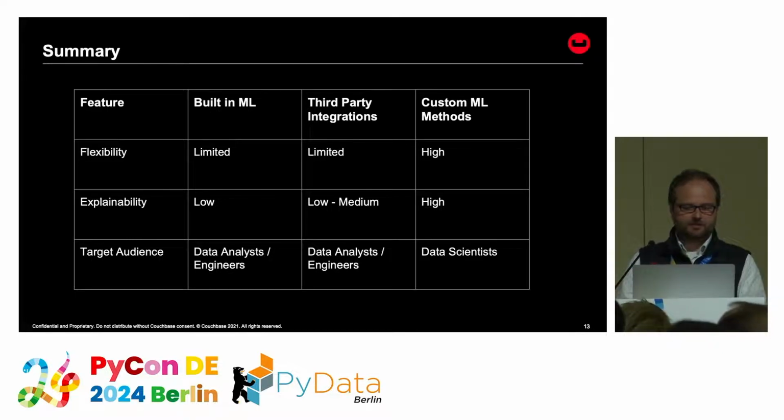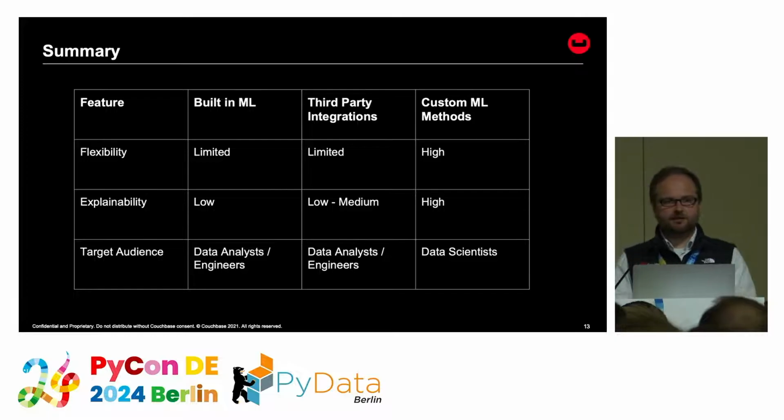Third-party integrations, there you have a bit more flexibility of the different models because it's different databases. So depending on what you choose, also low to medium. The highest explainability is on custom ML methods because there you are the one to do it, right? So you can make meaningful results out of it because you control it.